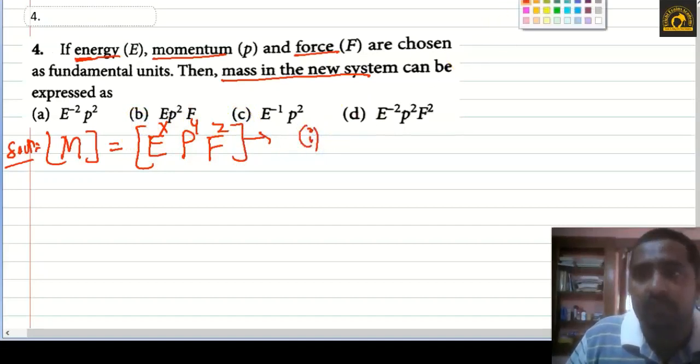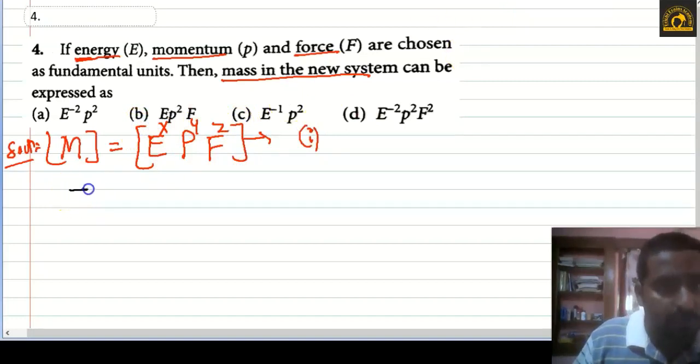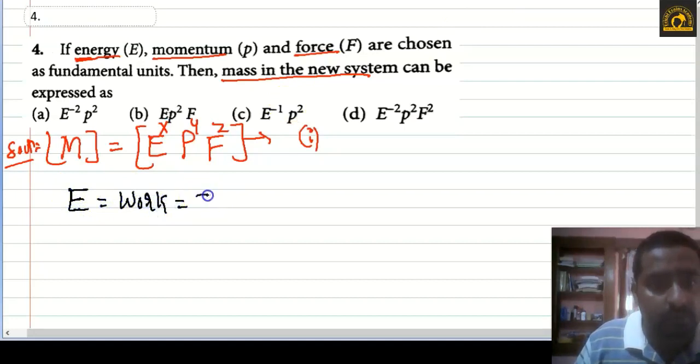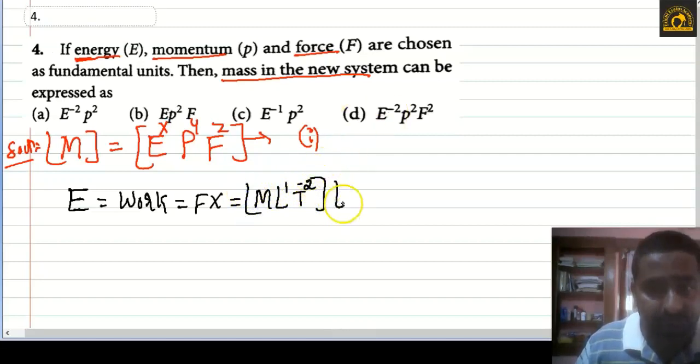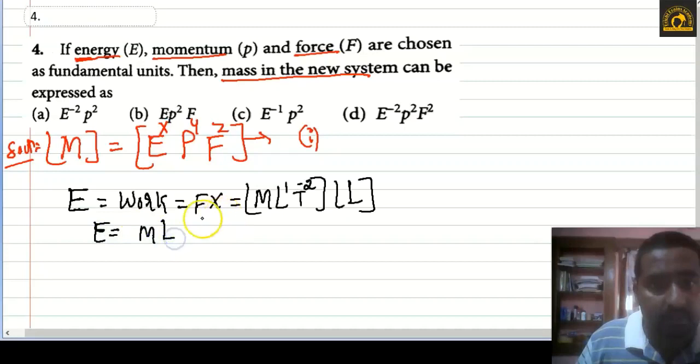So we have to find out one by one. First one, energy. Energy is equal to work, that is equal to force into displacement formula. So the force dimensional formula is m1 l1 acceleration minus 2. Then displacement is L. After simplifying, energy is equal to m L to the power 1 plus 1, that is 2, T minus 2.